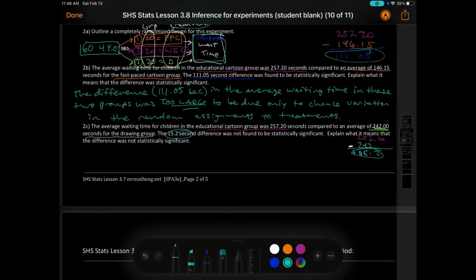So we could say the difference, which was 15.2 seconds in the average wait time, so basically just repeating what's above, in these two groups was small.